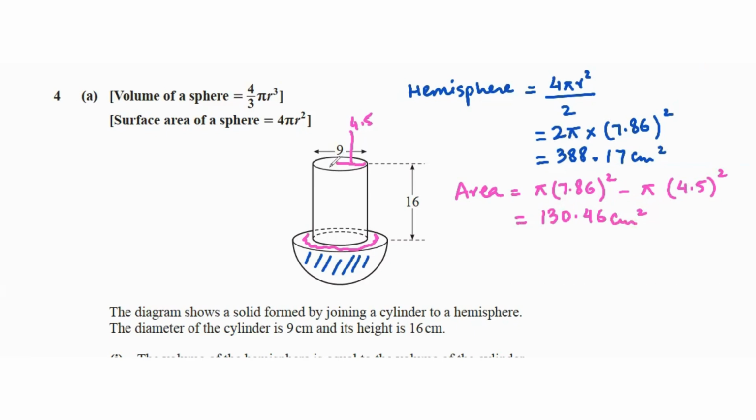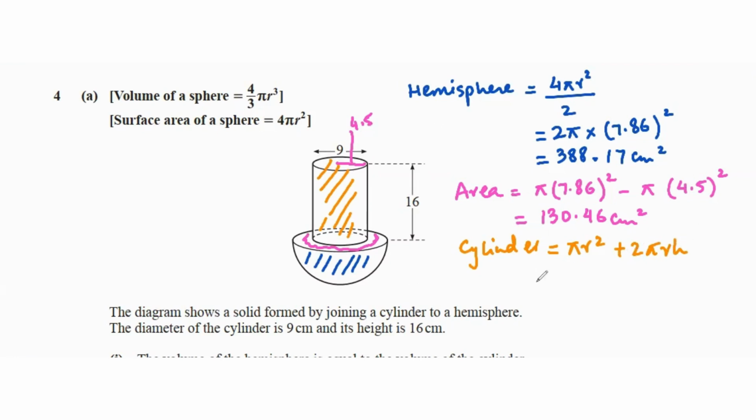Now next, I'm going to find the area of the cylinder. So for the cylinder, your surface area is pi r squared plus 2 pi r h. Normally, you must have seen that the surface of cylinder is 2 pi r squared plus 2 pi r h. But in this question, since only one of the faces is exposed of the cylinder, which is the top circle face, that means the surface area of this cylinder would be this circle, and then the curved surface area.